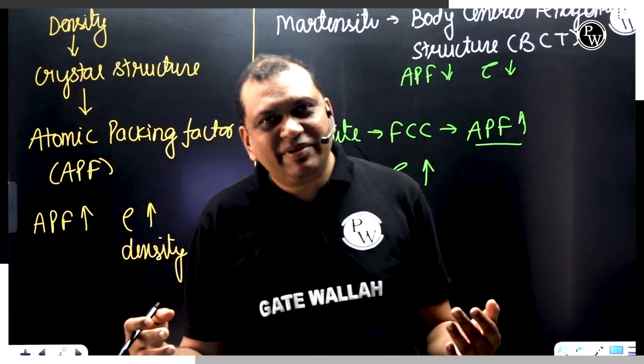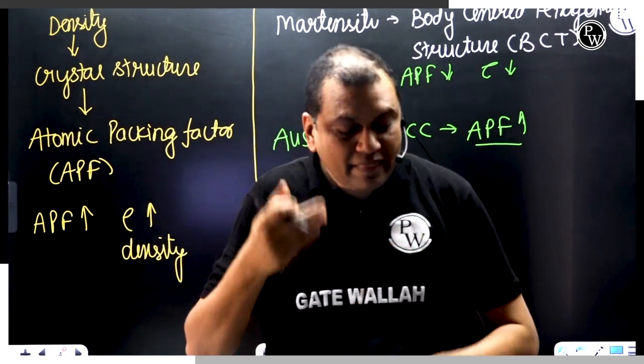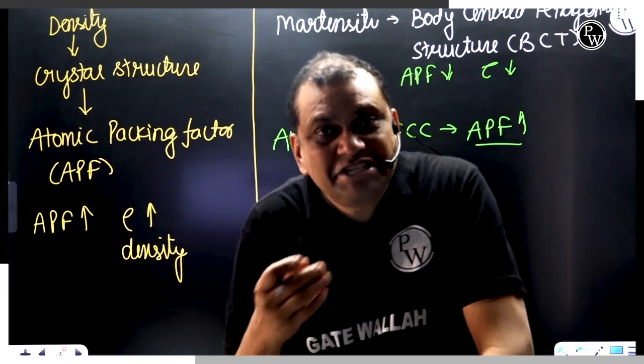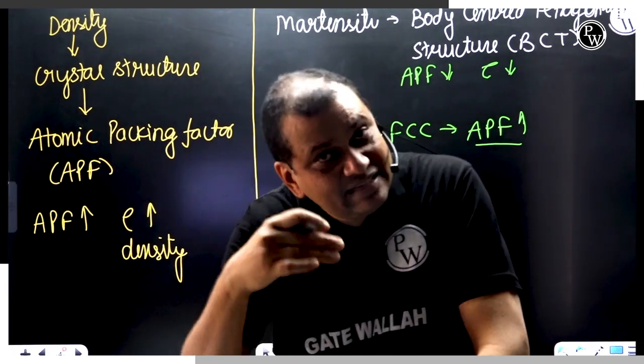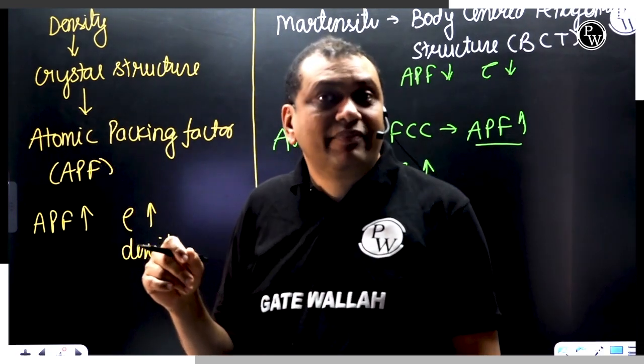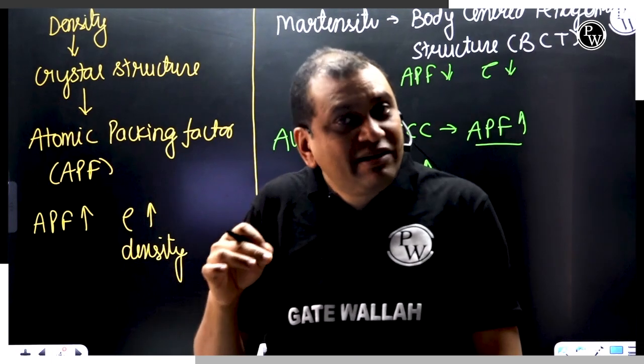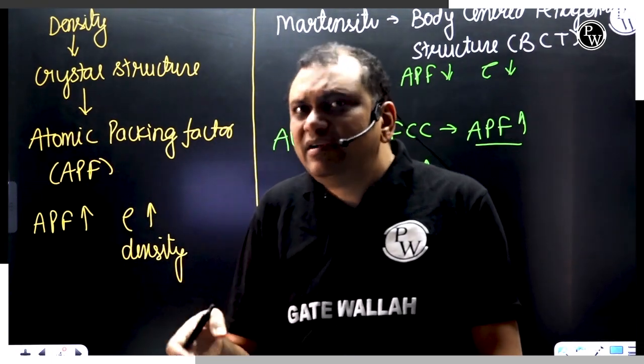Austenite has an FCC structure, density is high. Martensite has a body centered tetragonal structure, BCT, density is low.